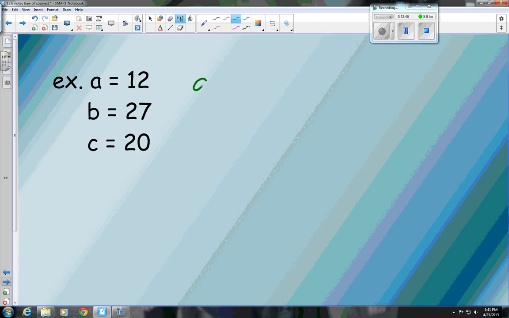So the first one goes A squared equals B squared plus C squared minus 2BC cosine of A. So plug in what you know.